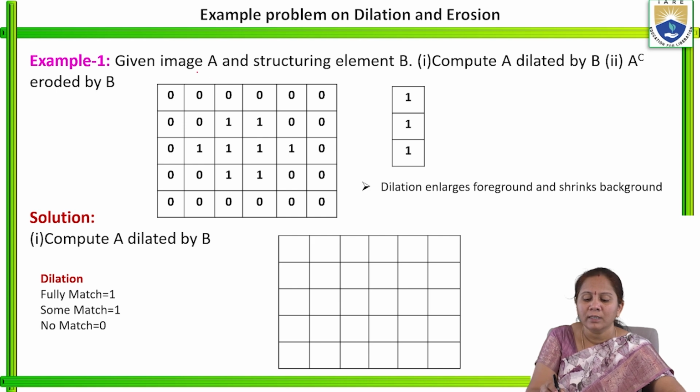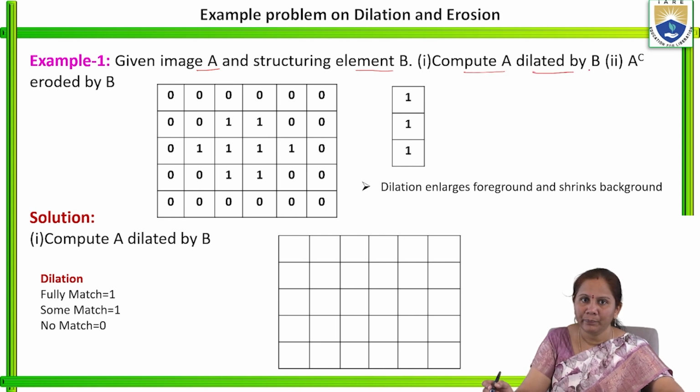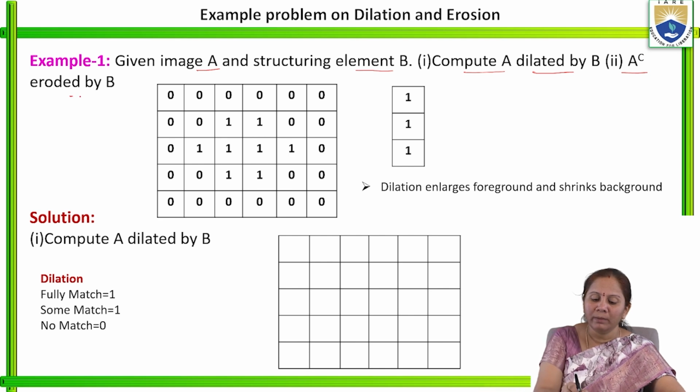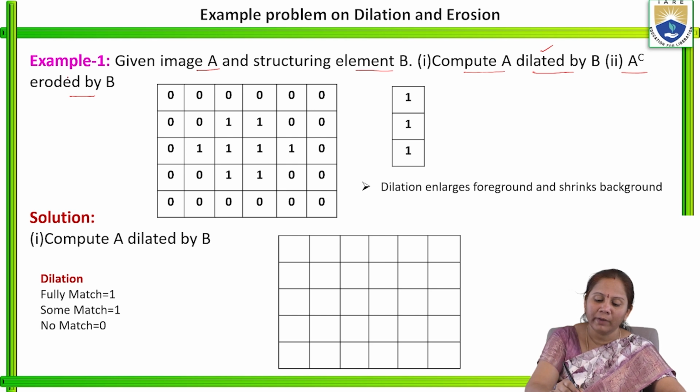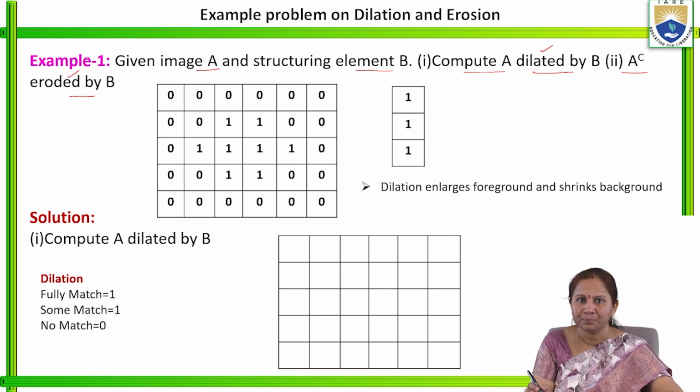Here, the given image is represented as A, and the structuring element as B. These two will be given, and we are asked to compute A dilated by B, and also A power C, which represents A complement eroded by B. So here we have to perform both the dilation operation and the erosion operation.